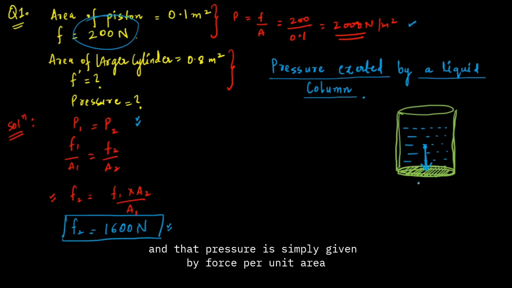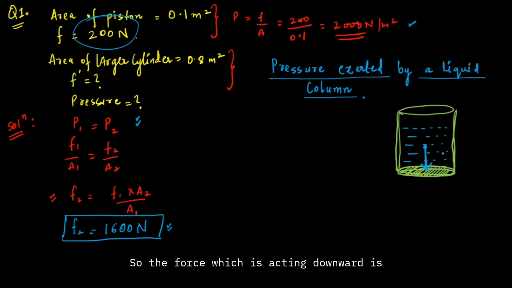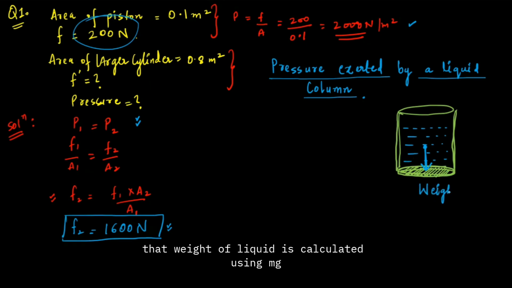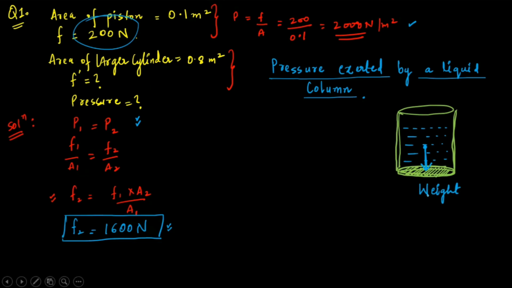That pressure is simply given by force per unit area. The force acting downward is going to be the weight of the liquid, and that weight of the liquid is calculated using mg. Always keep this in mind. Similarly, the base has some area, so we'll assume that the area of the base is A. Now, we have to find out pressure.